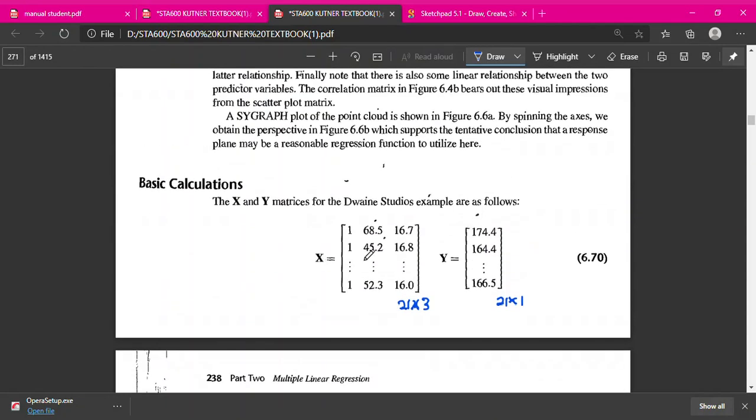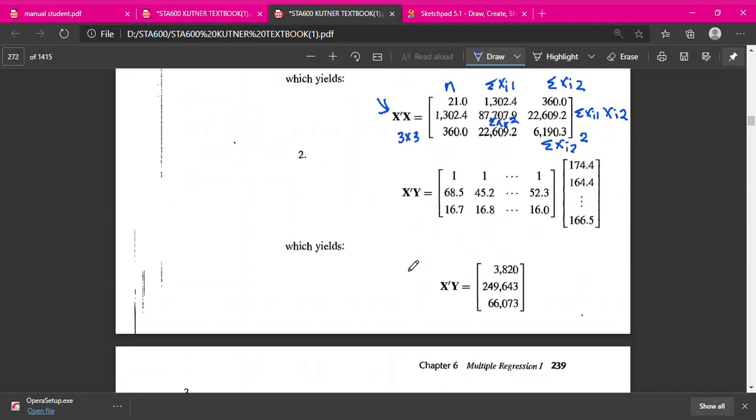Okay, this matrix X, we transpose it, you will get this matrix, multiply with the matrix of Y, or vector. When you multiply these two, you will get this matrix.